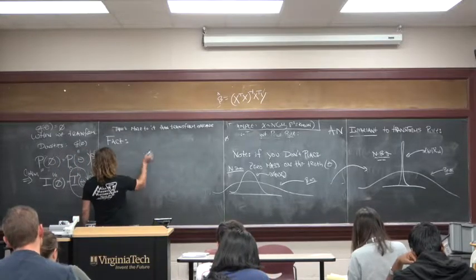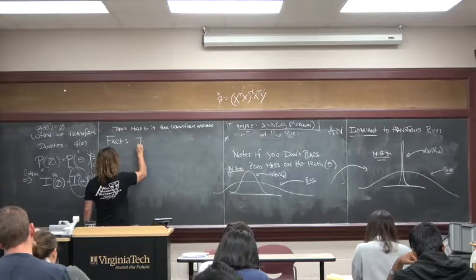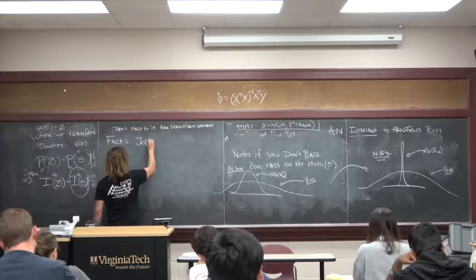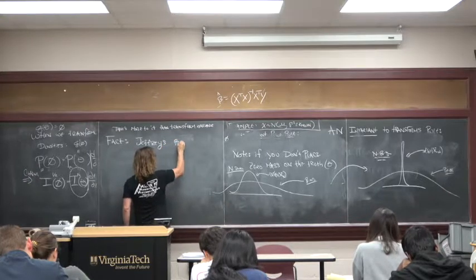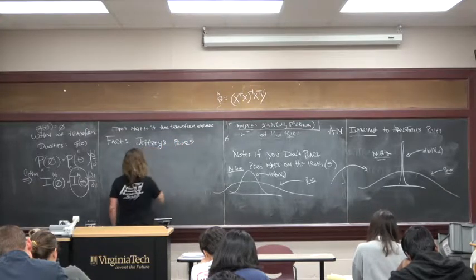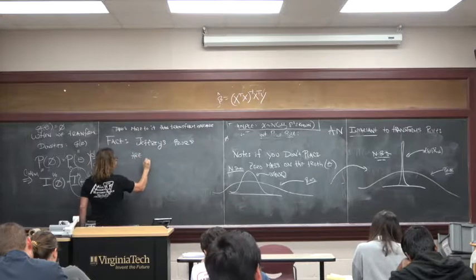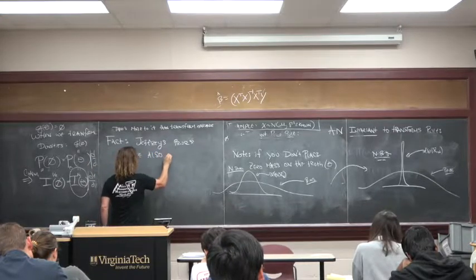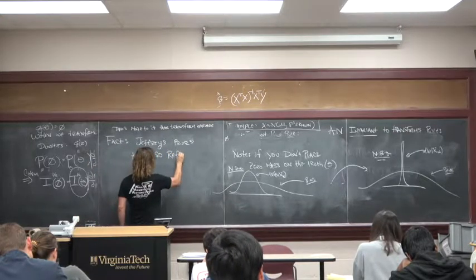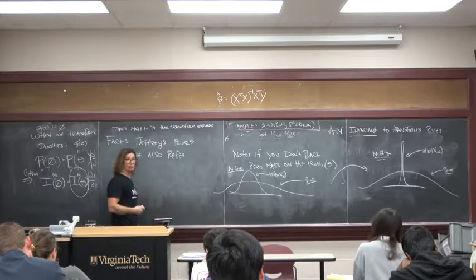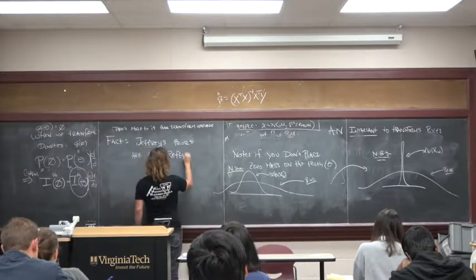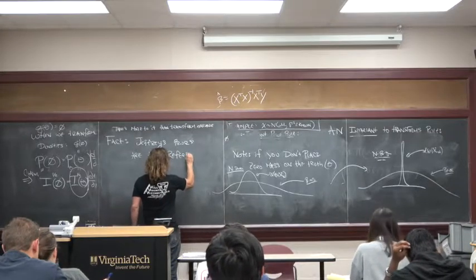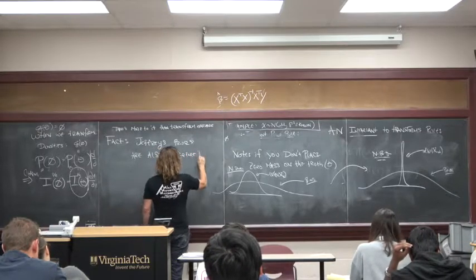So it turns out Jeffrey's priors are also reference priors. I'm not going to write down the math, but I'll tell you what it means in English this time, and later on in the class, we'll look at some mathematics. I think this is important.